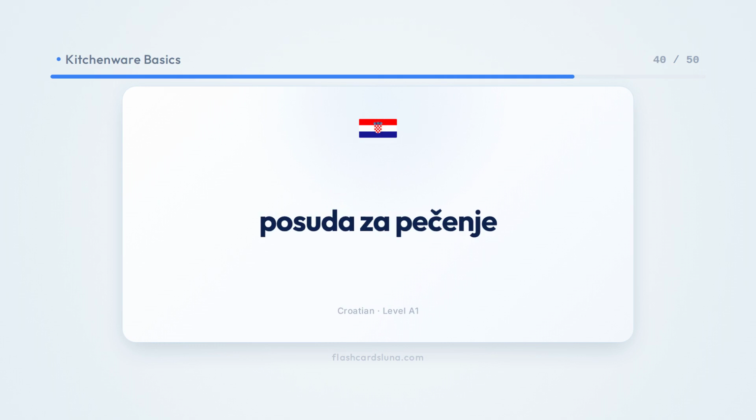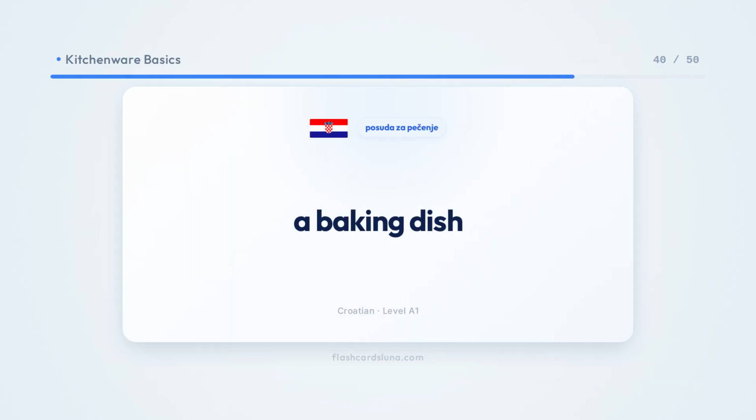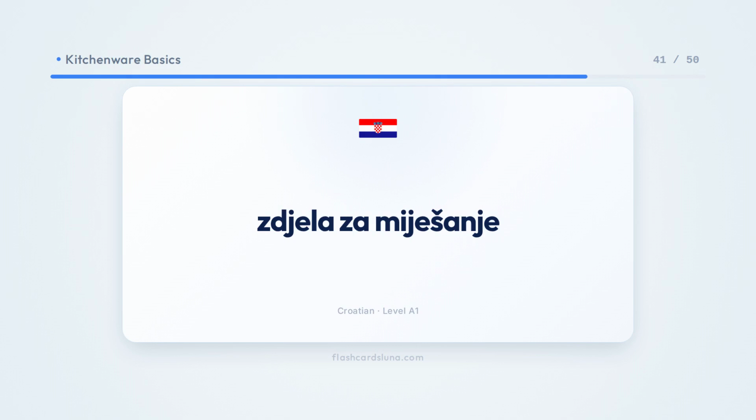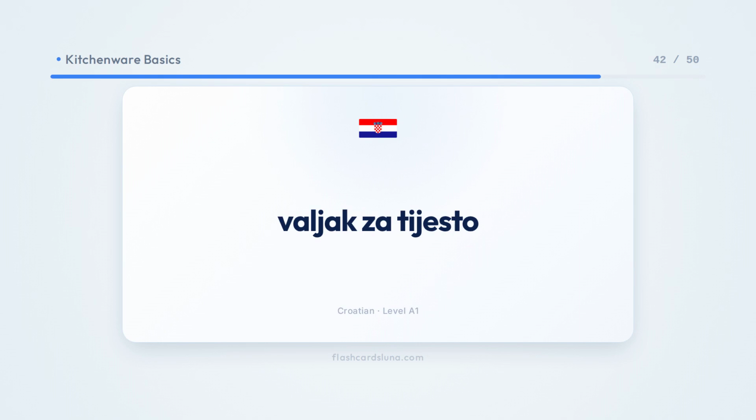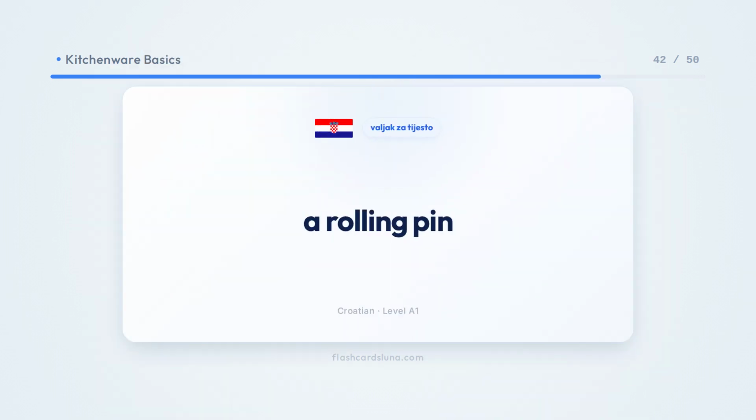Posuda za pečenje. A baking dish. Zdjela za miješanje. A mixing bowl. Valjak za tijesto. A rolling pin.